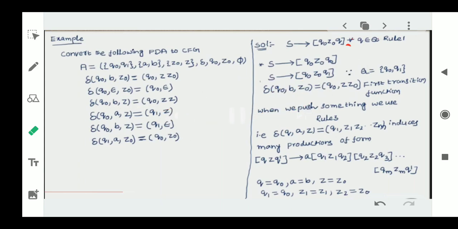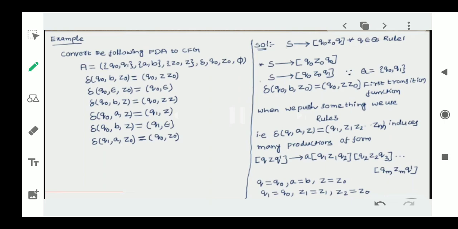One time we substituted Q0, that's why we got this equation. Another time we substituted Q1, that's why we got this equation. So our rule 1 is over. After substituting the states given in the PDA individually in rule 1, it is completed, and we will go for rule 2.